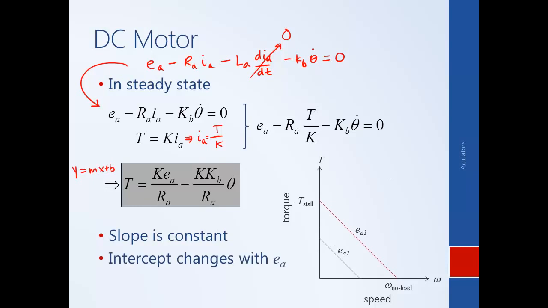And we also get that the y-intercept changes as we change the voltage applied to the motor. So you can see when we have one armature voltage, we get this line. We apply a different armature voltage, we get a different y-intercept. And so this is an alternative sort of model of a DC motor.